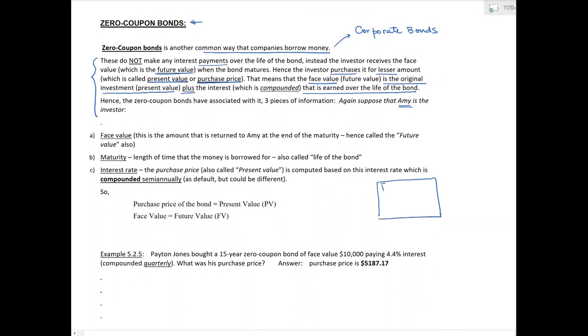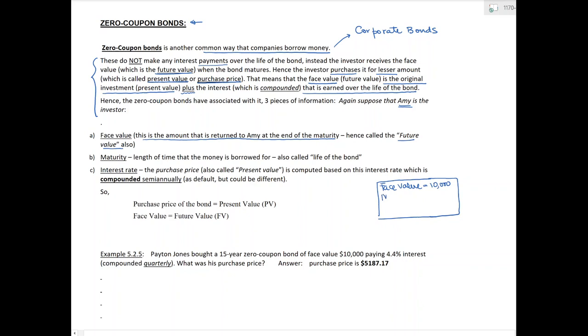So it has a face value. Suppose the face value is $10,000. So this is the amount that will be returned to Amy at the end of maturity. So it's called the future value.